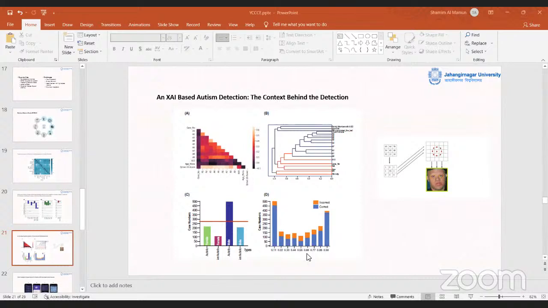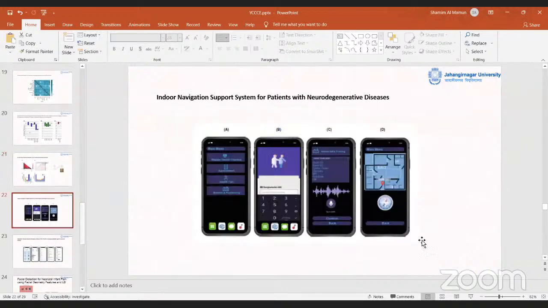So in our autism detection, we have shown that way that is very good in explanation, and we are using the LIME library to explain that.